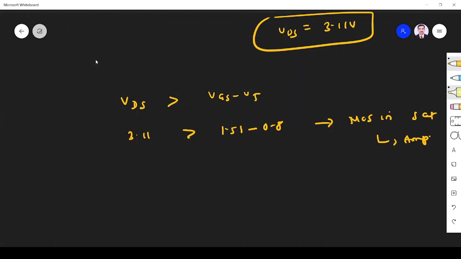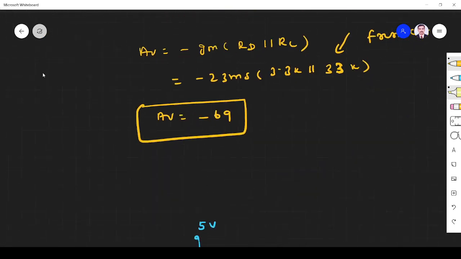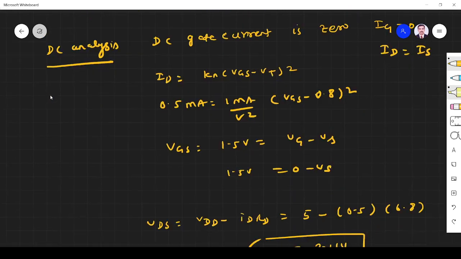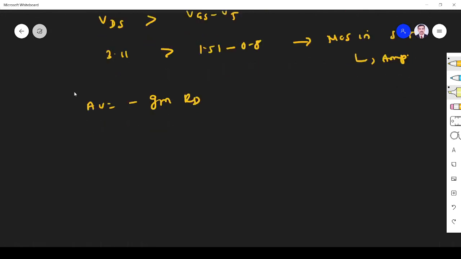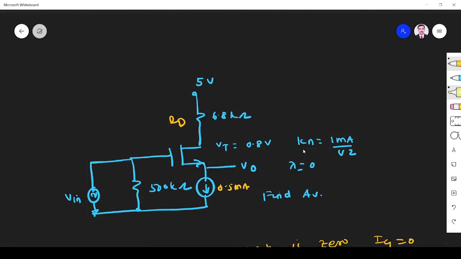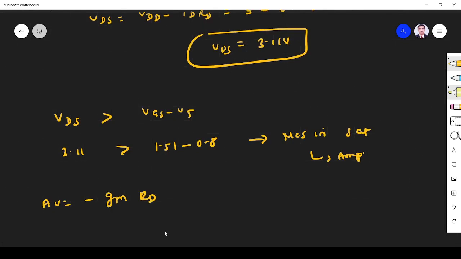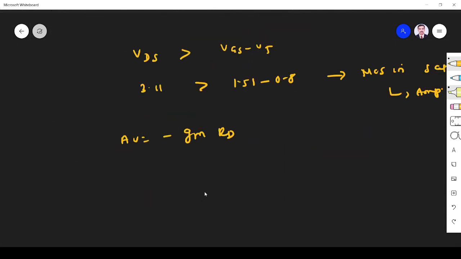Okay, now for the amplifier small signal voltage gain, AV is equal to minus GM RD. RO is not there. Why is RO not here? We should not calculate RO. The reason, we know, because lambda is given. So from the problem, you see lambda, channel length modulation, is 0. So RO is infinity, so we don't need to calculate it. So AV is equal to minus GM RD.